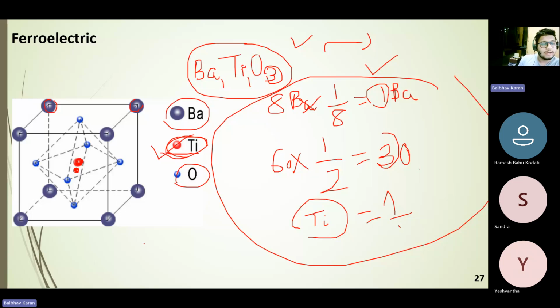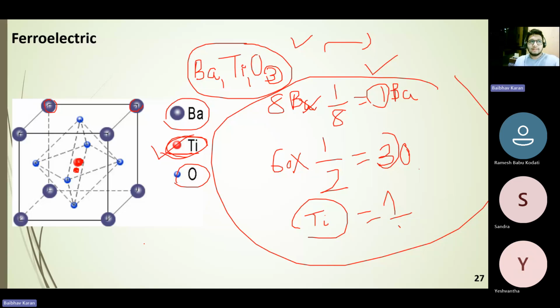I can question you. There is a barium atom present at the vertices of the unit cell, but there are oxygen atoms present at the face centers. So this is not a BCC, and then you will say, okay, this is not an FCC. Then you can say, okay, then it's BCC because the titanium atom is present at the center. But the titanium atom is a different kind of atom than barium.